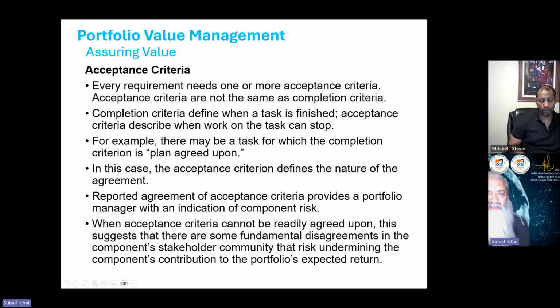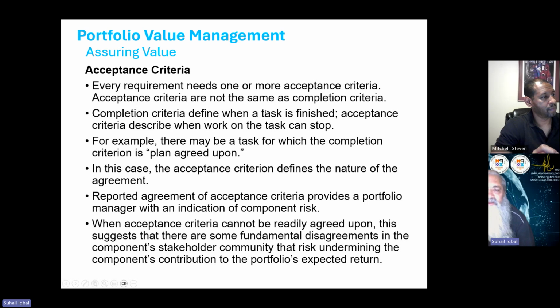Acceptance criteria are not the same as completion criteria. Please don't confuse it with the completion of the project. Acceptance does happen throughout a component. Anytime you complete a module, you get the acceptance for that. You don't do the acceptance at the end of the project. So this is not completion criteria, this is acceptance criteria.